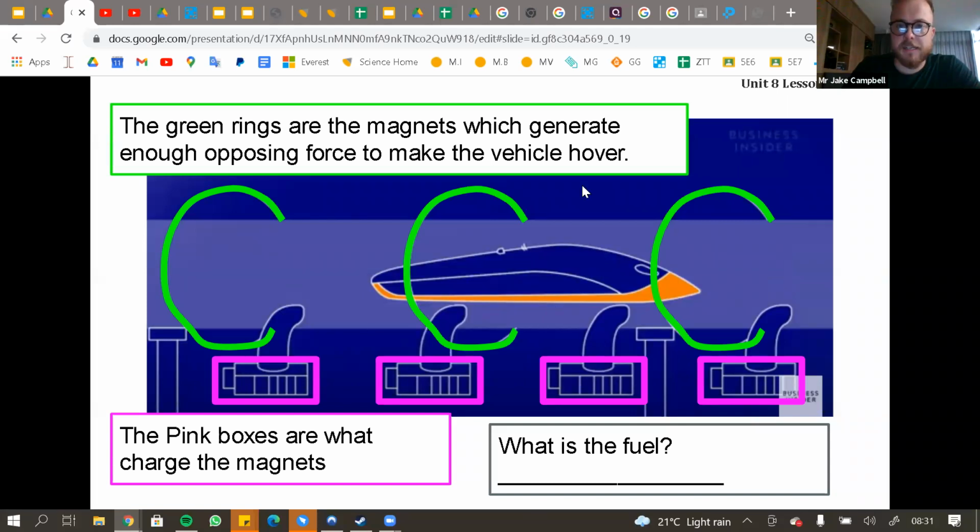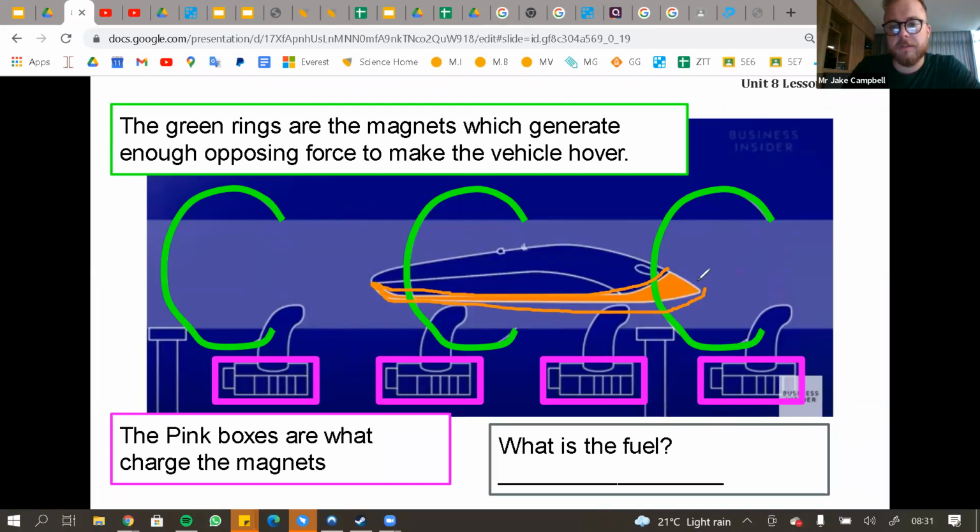Okay, so class, in this picture, we have these green rings. We have the orange section that was described in the video as being a type of magnet, and then we have the green, which is the opposite type of magnet. Remember, what are the two ends of a magnet called, Lisa? North and south, yeah.